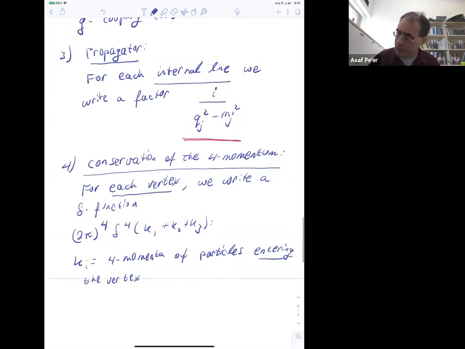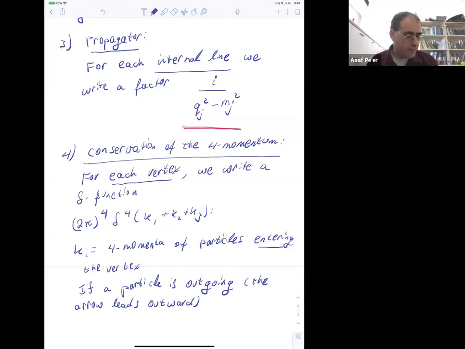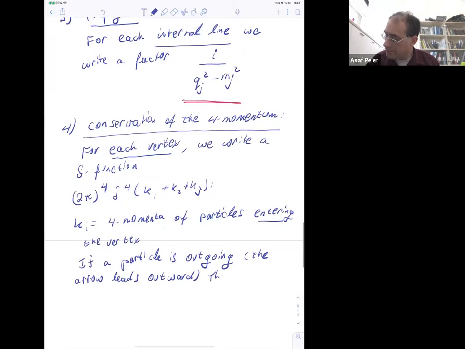So if the arrow leads outward, then the four-momentum is written with a minus sign.